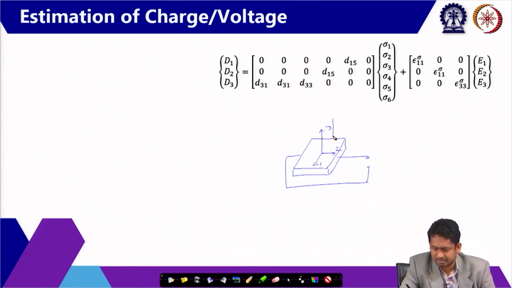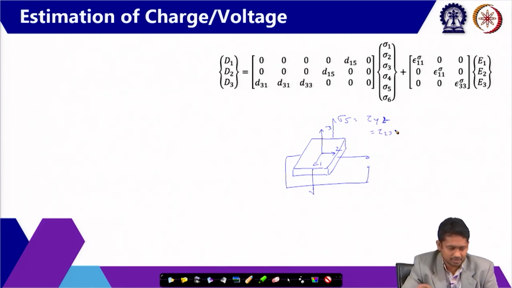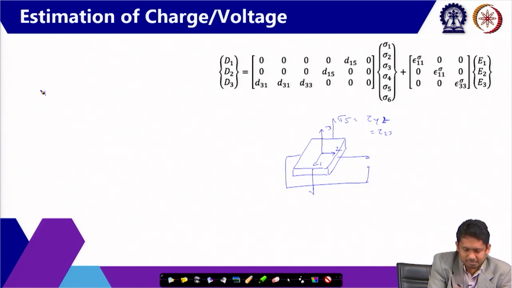And the stress is this, we have sigma 5 applied. So, sigma 5 is equal to tau yz, which we can call tau 23 as well. Again it is the same thing.